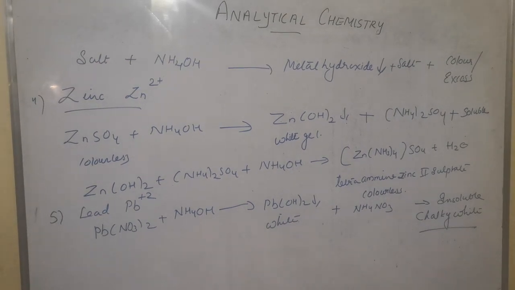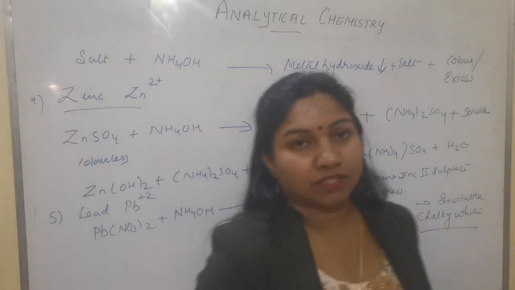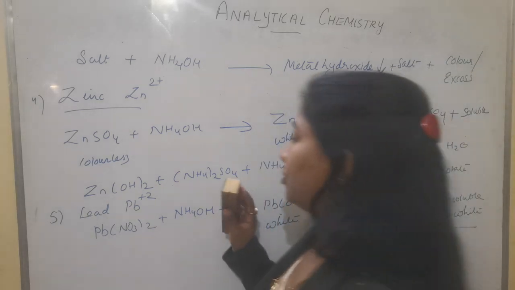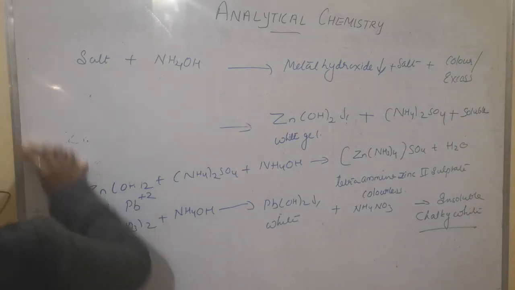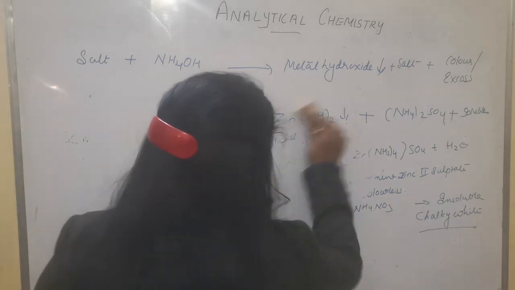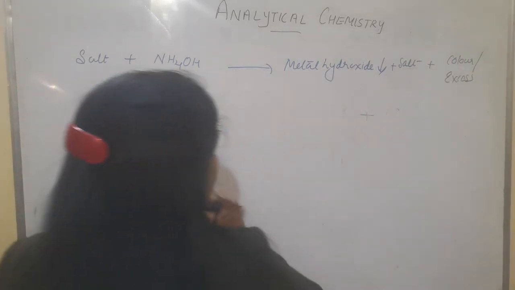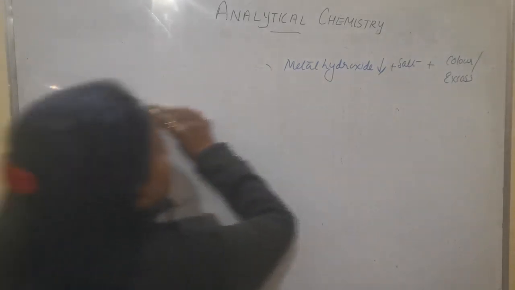Now we would see the action of alkali on certain metals. So by now we have seen the action of alkali on salt. Now we will be seeing the action of alkali NaOH on certain metals like zinc, aluminium. There also it will produce salt.